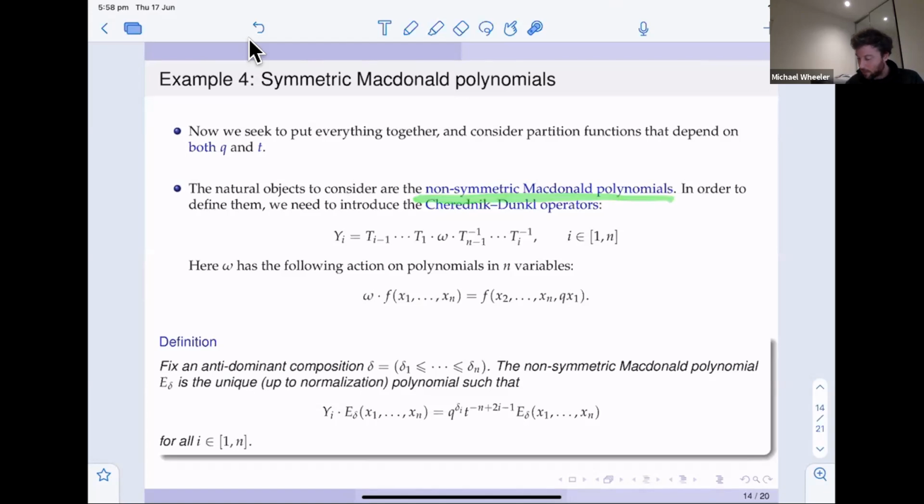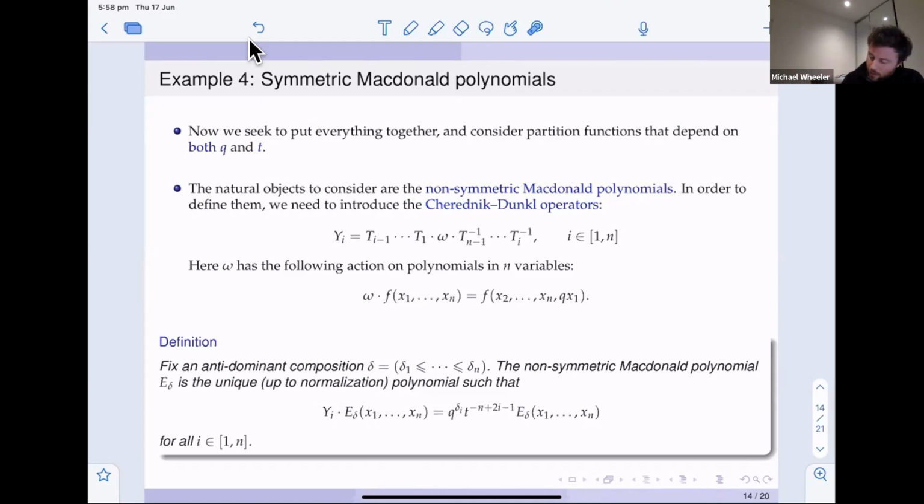So the non-symmetric Macdonald polynomials, they're just q-deformations of the polynomials that we've been talking about, the non-symmetric Hall-Littlewood polynomials. And these are normally defined in terms of the DAHA, the double affine Hecke algebra, which we actually saw in the talk this morning by Wei Ying.